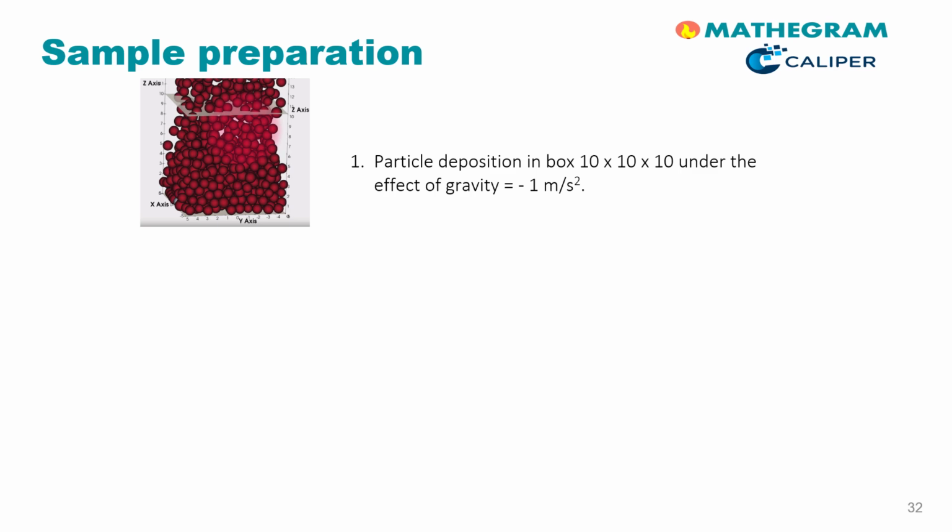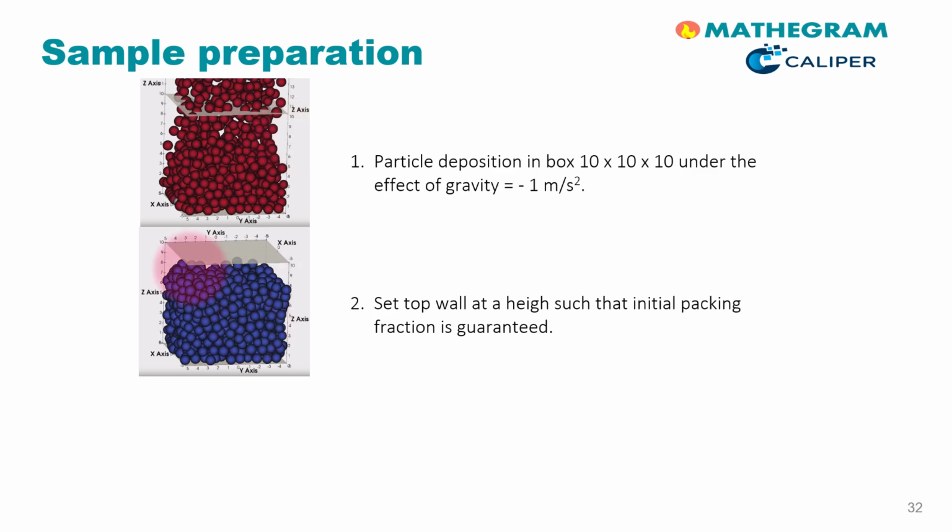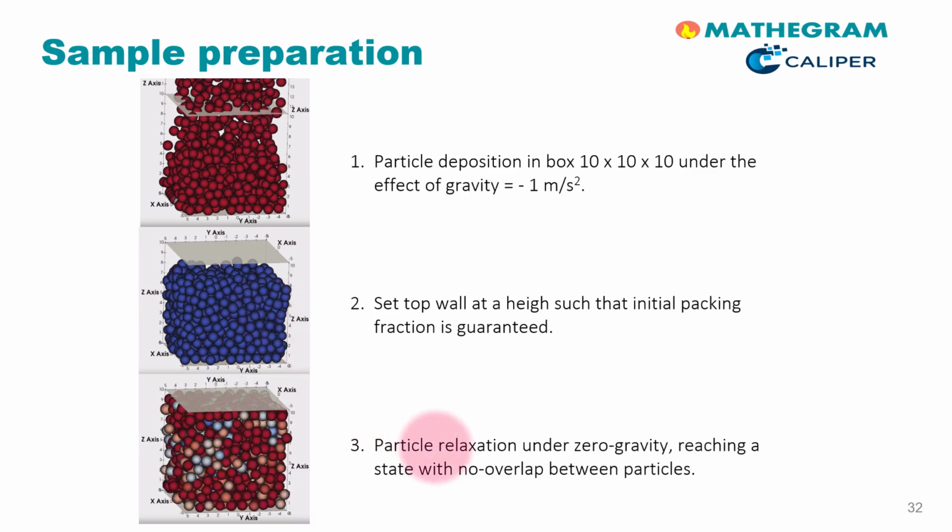Of course, the top wall is deactivated during this first phase of the simulation. Second, the top wall is activated to ensure particles cannot exit at the top. And third, we remove gravity and let the particles relax under zero gravity conditions to reach a state with no significant overlaps between the particles.